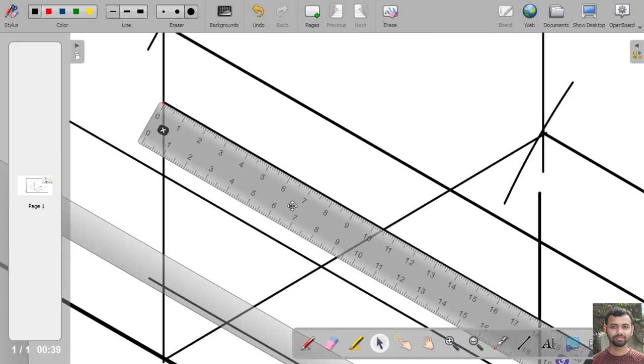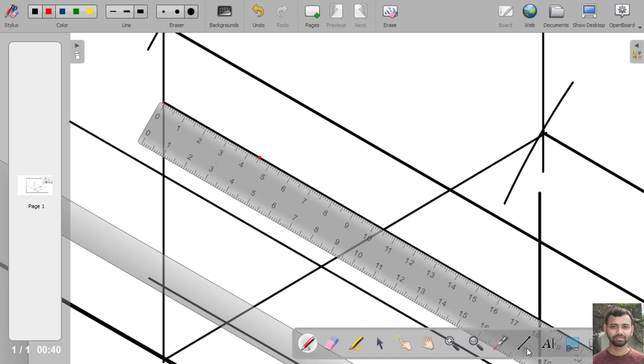So with the help of scale, we will measure the 45 mm distance. So it is 45 mm distance. Okay.